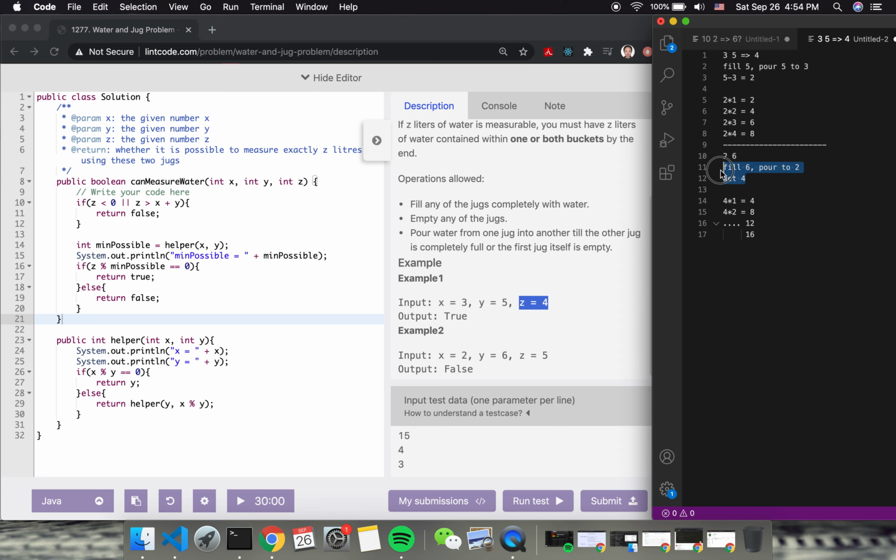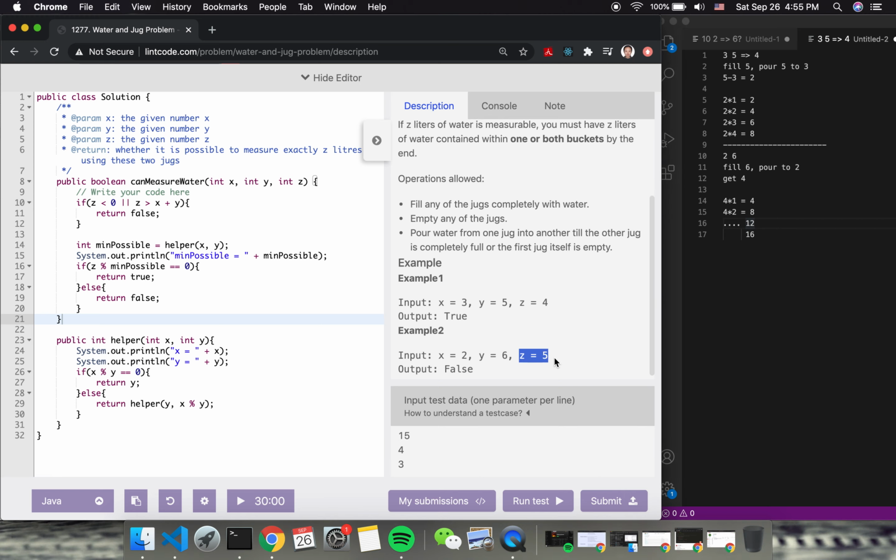This is process 1, and then we can get multiples of 4: 4, 8, 12, 16, and these are the new numbers we can get. Then we compare these numbers with the Z.